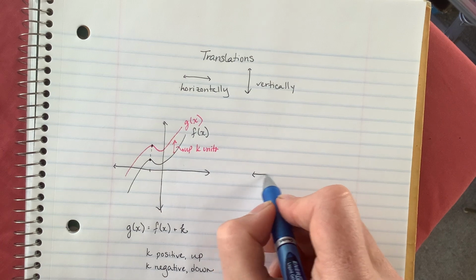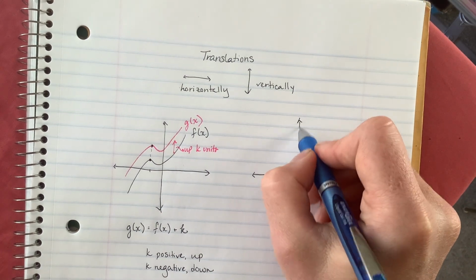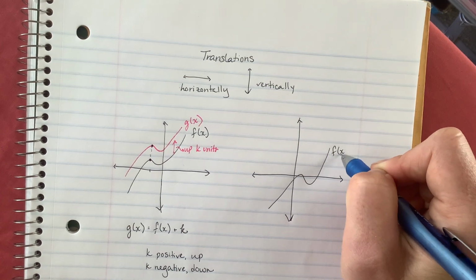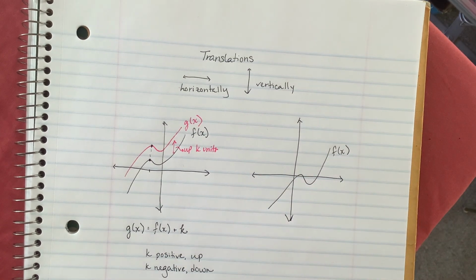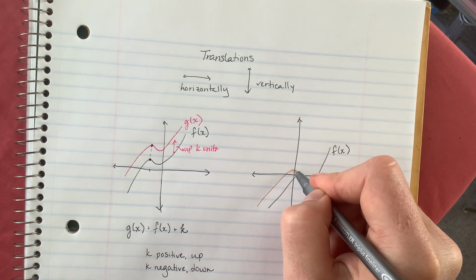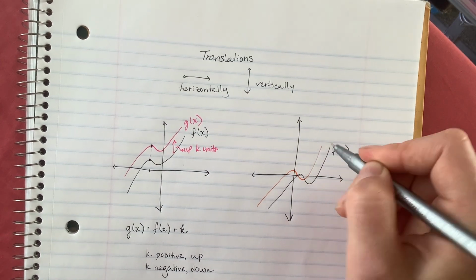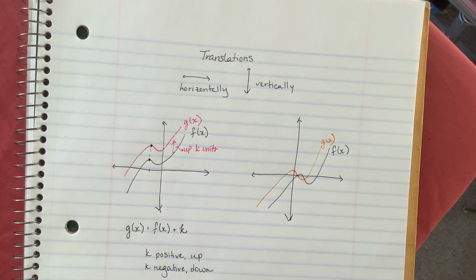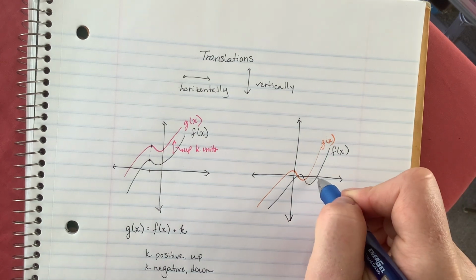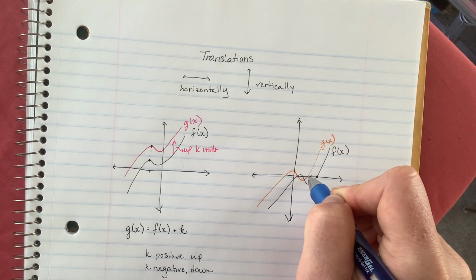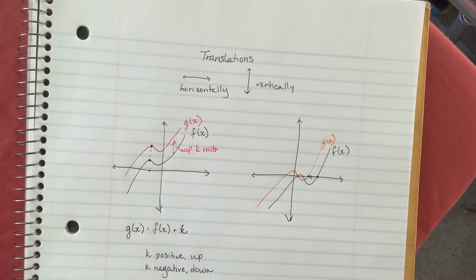In a horizontal translation, again, we'll start with an original function, f of x, but in a horizontal translation, our g of x will be moved to the right or left instead. So what's happening to an individual point in f of x is that it would be moving to the left some number of spaces.